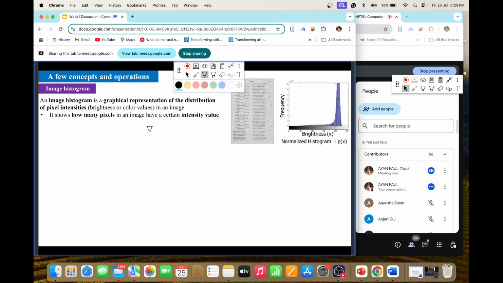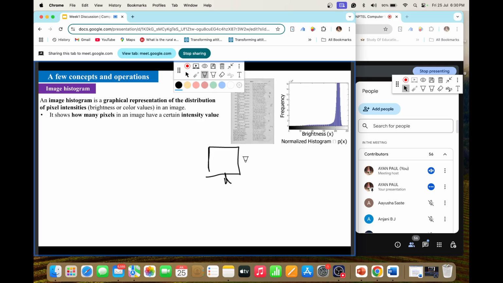I have told you the image is, if it is grayscale, a 2D array of integers. In this 2D array of integers we have different pixels occurring different numbers of times.